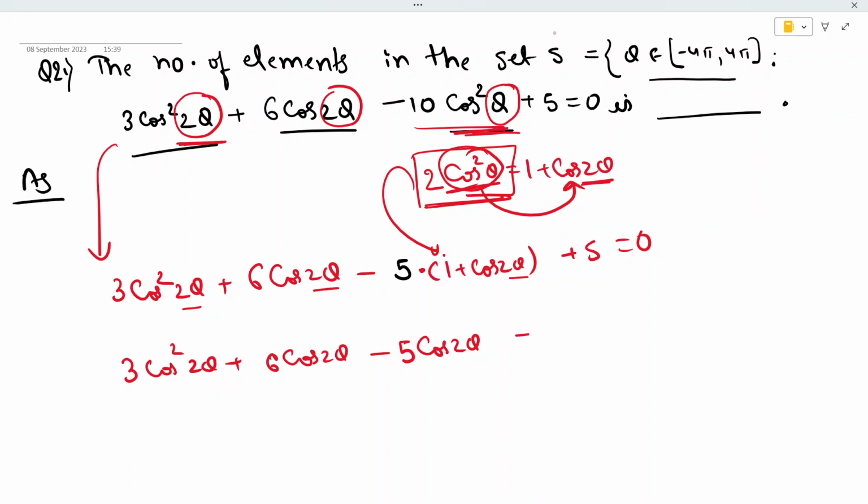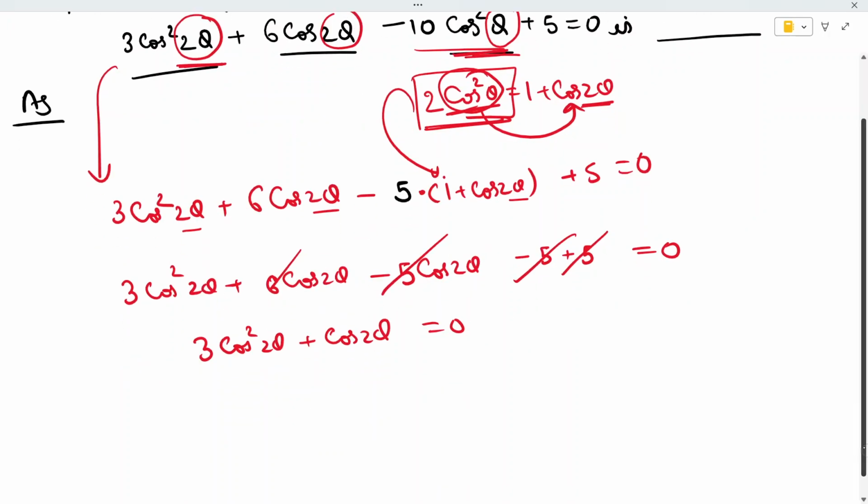Plus 5, this will get cancelled. 3 cos square 2 theta plus cos 2 theta is equal to 0. Now, just calculation: cos 2 theta times (3 cos 2 theta plus 1) is equal to 0.